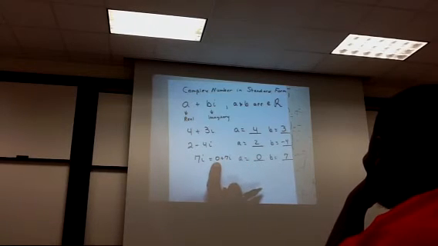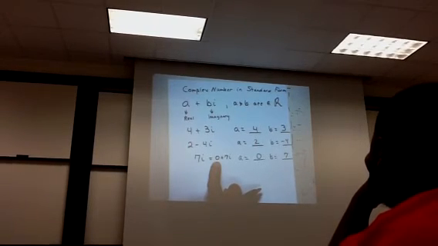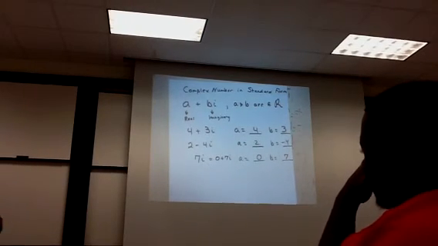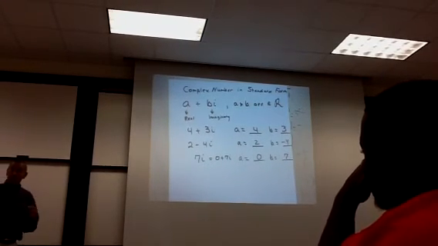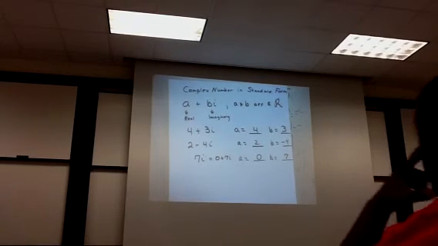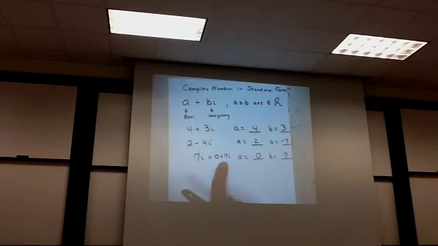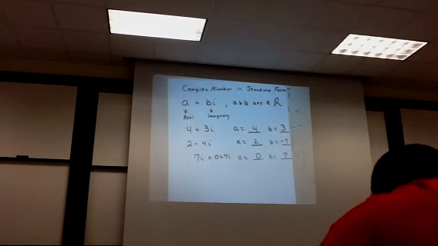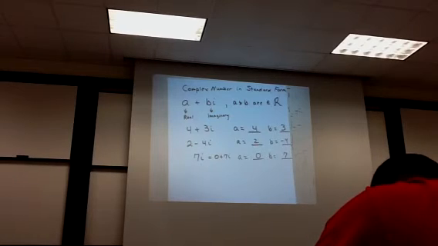Is 0 a real number? Yes. Does it show up on your calculator? Yes. It's a real number. So just if you have 7i or 4i or negative 3i, that's a complex number in standard form. It just happens that the a is 0.